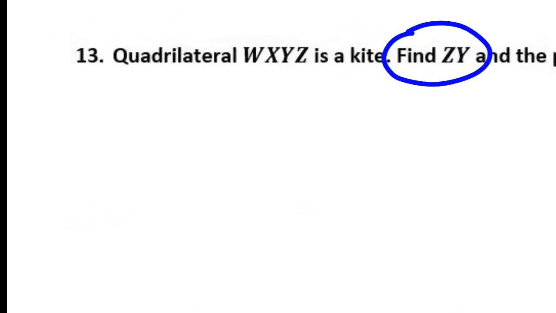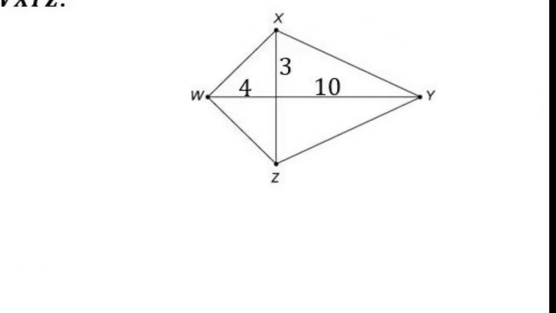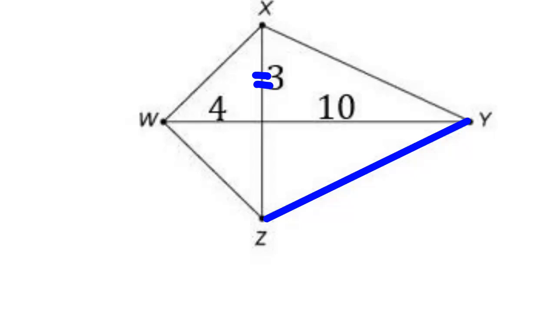Yes, okay. So to find ZY, this side right here, this segment is congruent with this segment, so this would be 3.